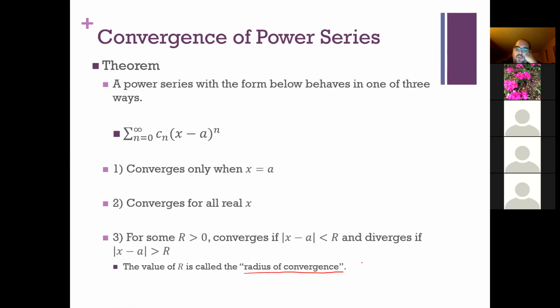And this idea is called the radius of convergence. This is kind of the middle ground between the 2 extremes. Instead of converging for only one value of x, or converging for all the values of x, it'll converge for only the values of x within this radius of that center value.